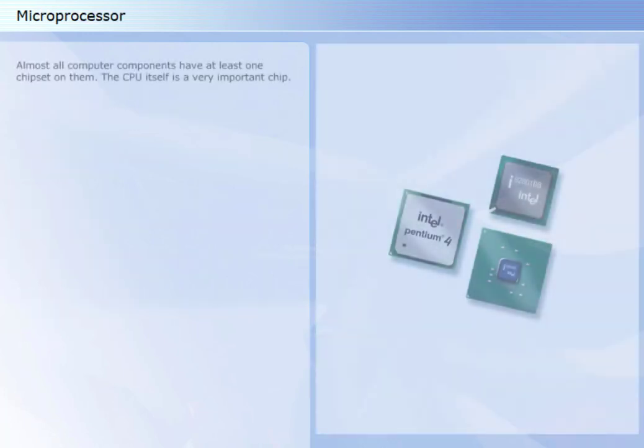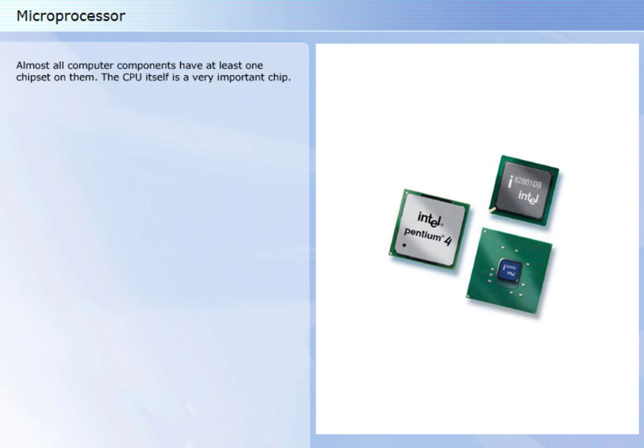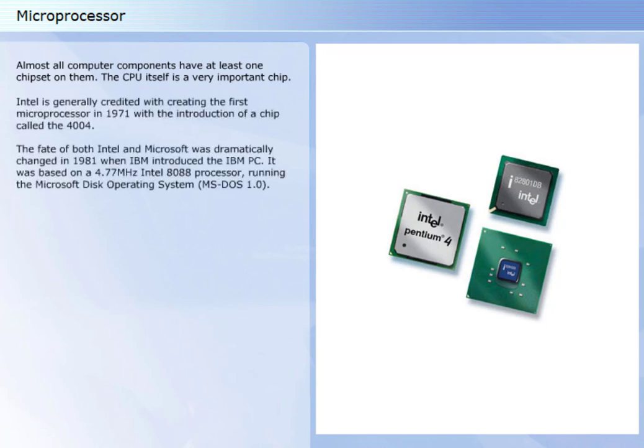Almost all computer components have at least one chipset on them. The CPU itself is a very important chip. Intel is generally credited with creating the first microprocessor in 1971 with the introduction of a chip called the 4004.